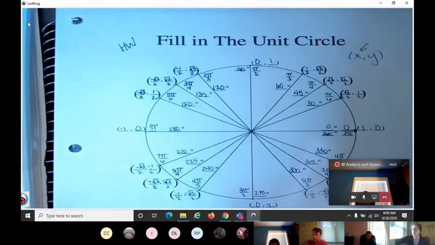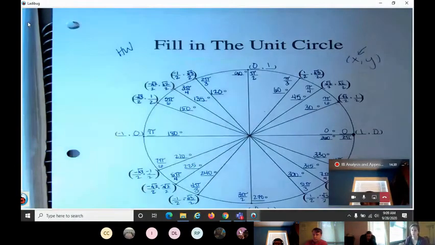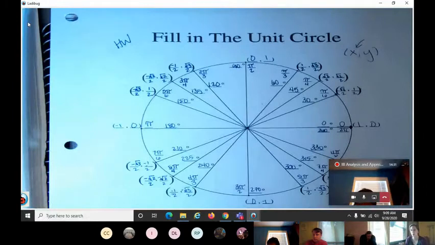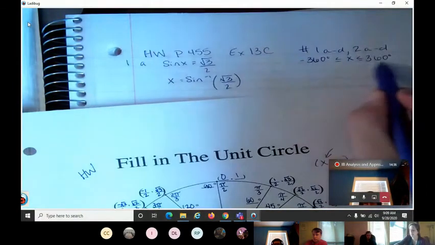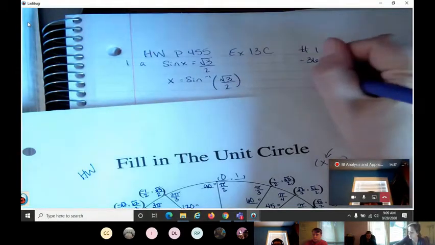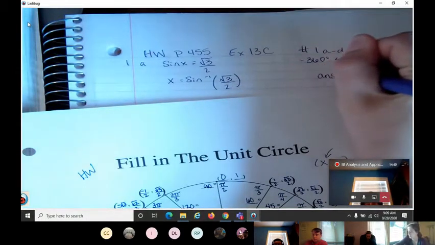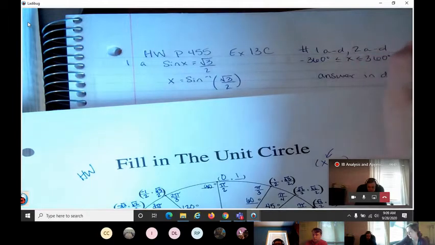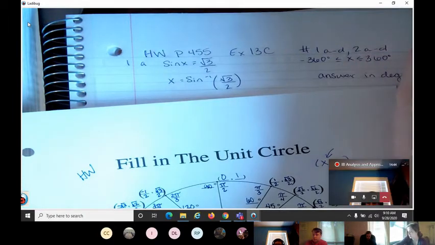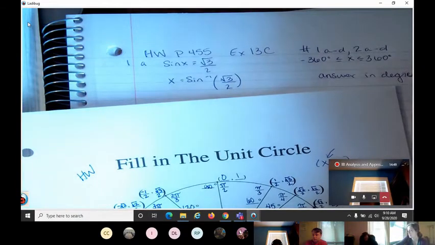You would go to where the y value is square root of 3 over 2 and look at the x value. Since we have a domain that's in degrees, our answer needs to be in degrees. Okay, in number 2, because the domain is in radians, your answer needs to be in radians.